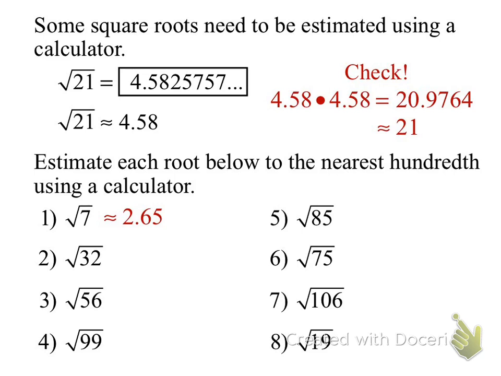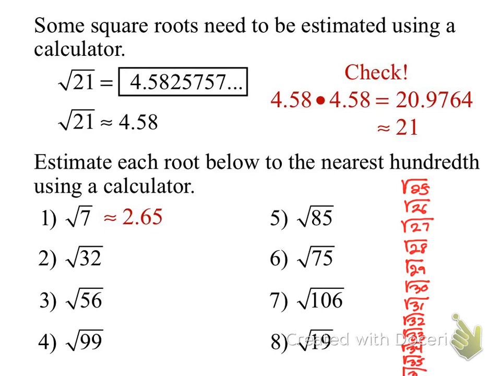The bigger they get, so 32 falls between what? 25, 26, 27, 28, 29, 30, 31, oh my God, 32, 33, 34, 35, 36.